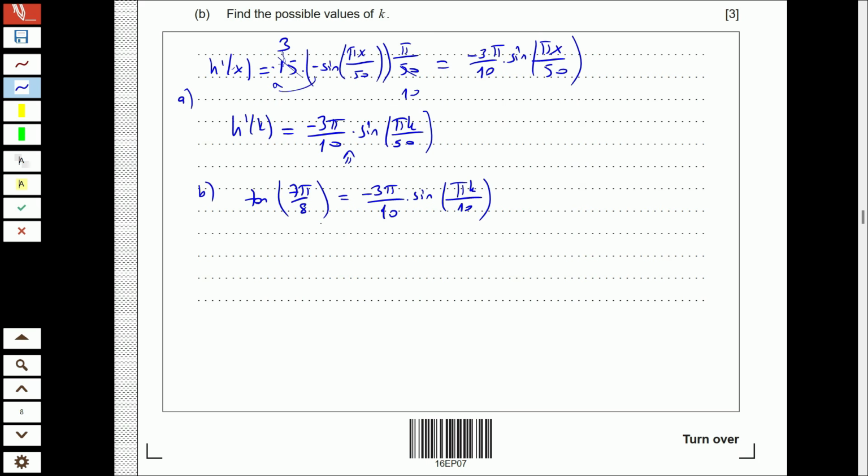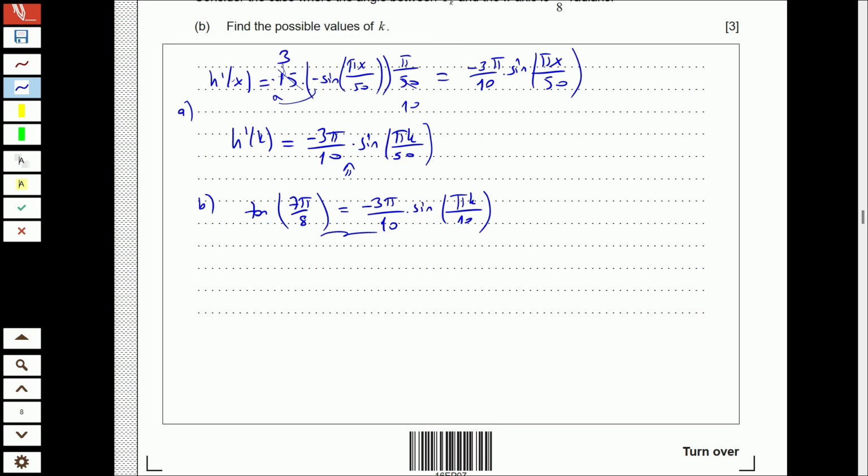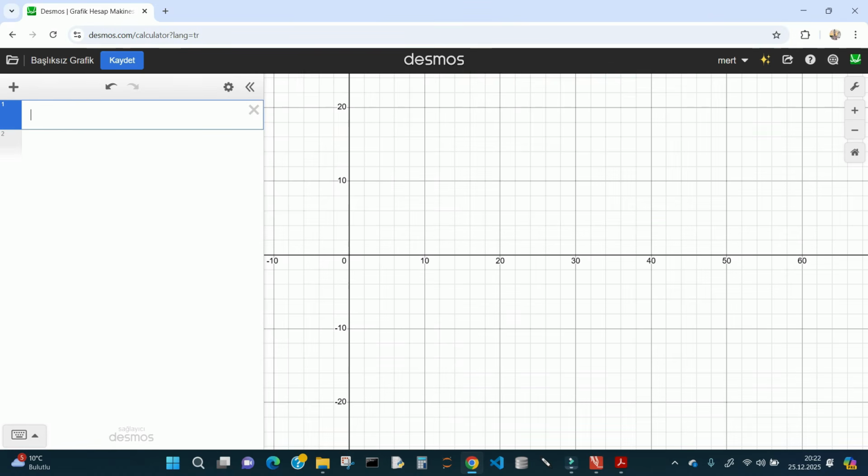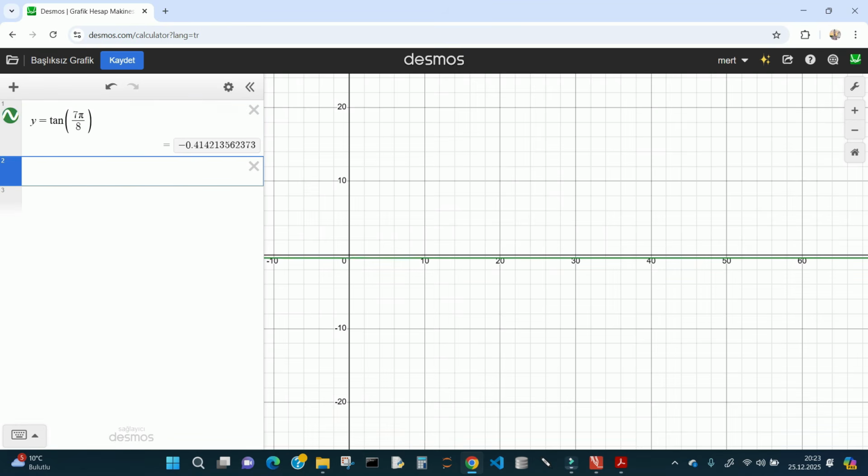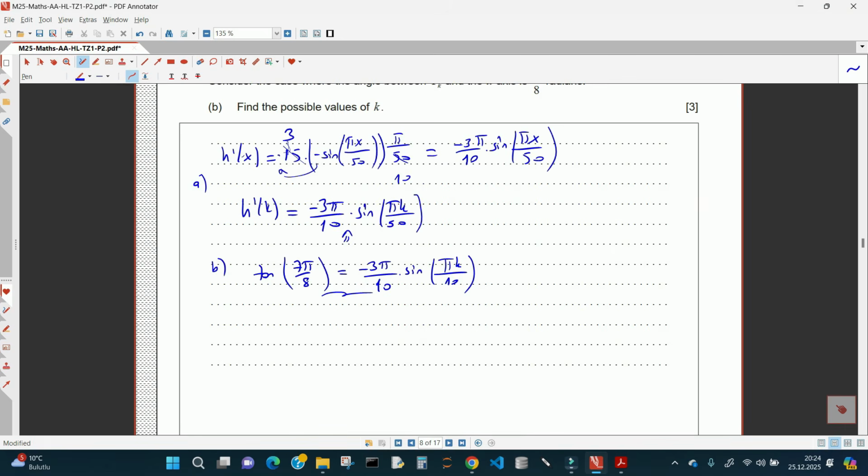How are we going to find the possible values of k? The best way, in my opinion, is to draw the graph of tangent 7 pi over 8. This is the first one. I will draw a line, and the second one, sorry, here is going to be 50.